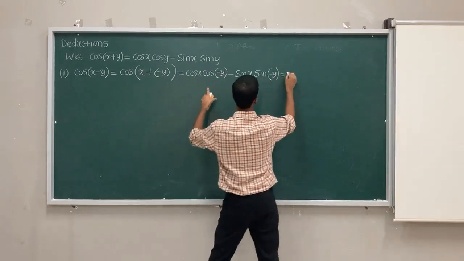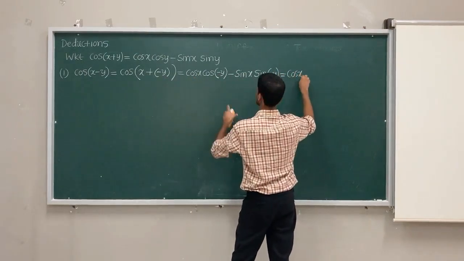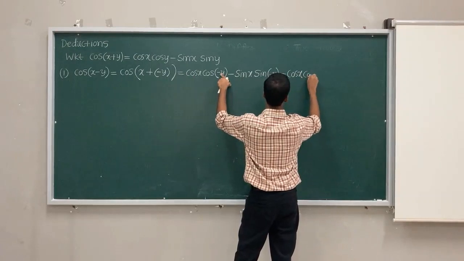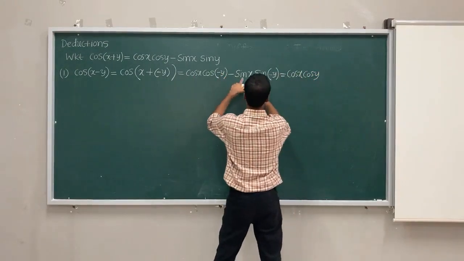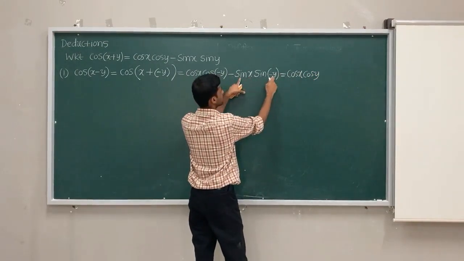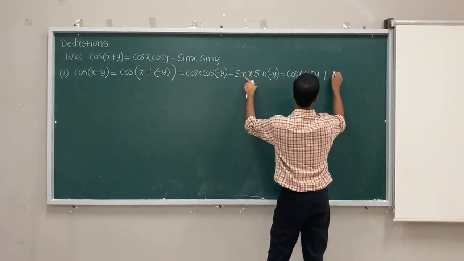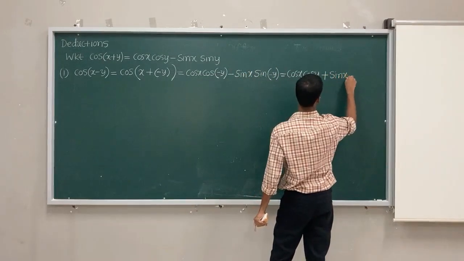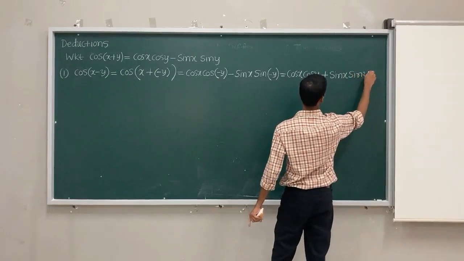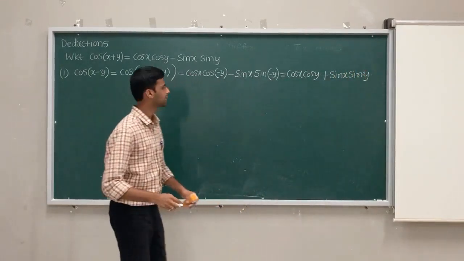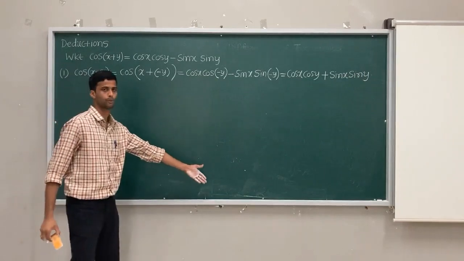I know cos x as it is, cos of minus y is cos y only, sin x as it is, sin of minus y is minus sin y. Minus minus become plus. It is sin x into sin y. Very simple.